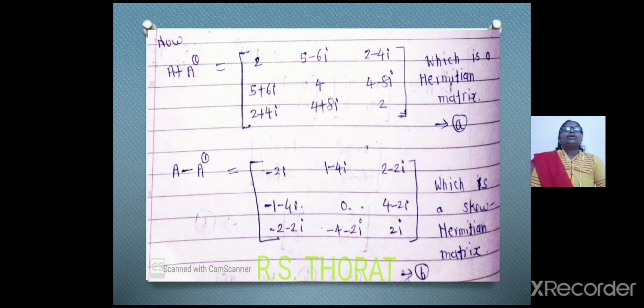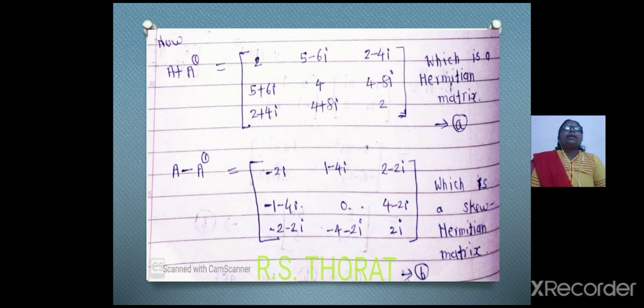From this we see that A plus A raised to theta equal to square matrix of order 3 by 3, which is Hermitian matrix. Why is this matrix Hermitian? Since in this square matrix diagonal elements are real and Aij equal to Aji bar, that is A12 equal to A21 bar.